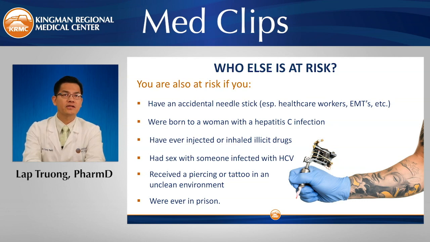Receive a piercing or tattoo in an unclean environment. As I briefly mentioned, unclean environments tend to use unsterilized equipment. And once again, if the previous person who got tattooed before you had hep C, you will more than likely catch hep C from that.